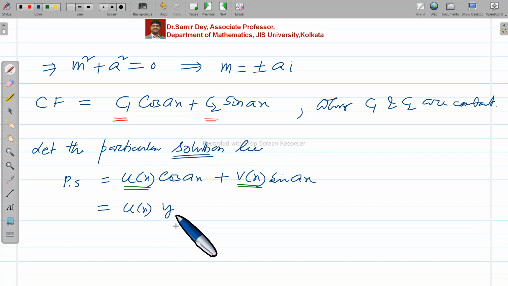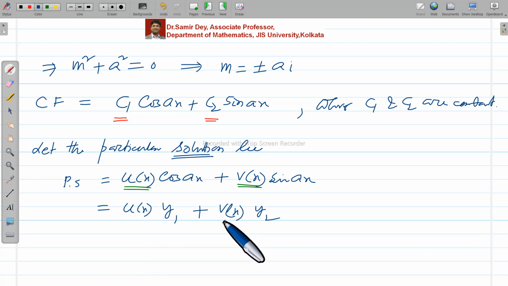Okay, so this can be written as u(x) y1 + v(x) y2. Now I think it is clear to everyone what y1 and y2 are. Here y1 = cos ax and y2 = sin ax. Now try to understand how to find u(x) and v(x).